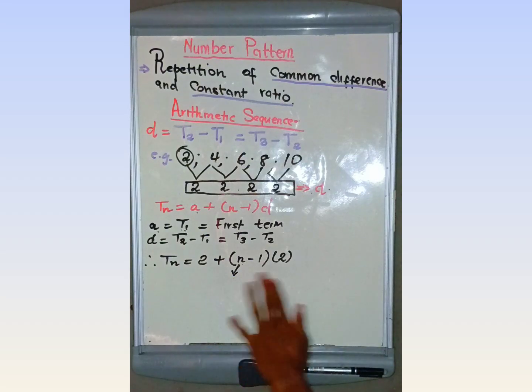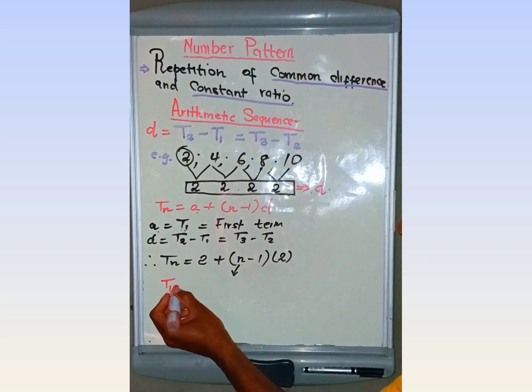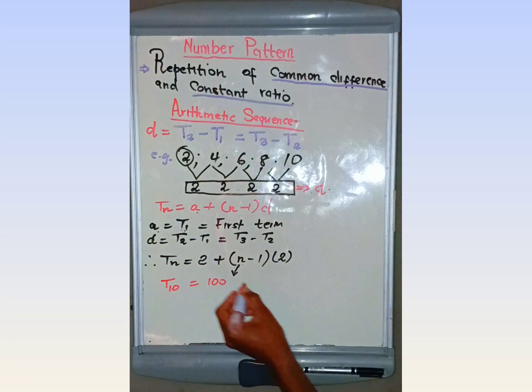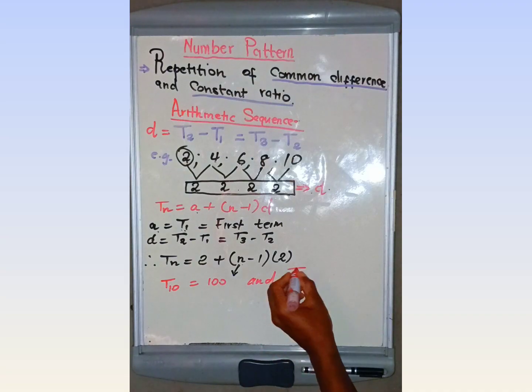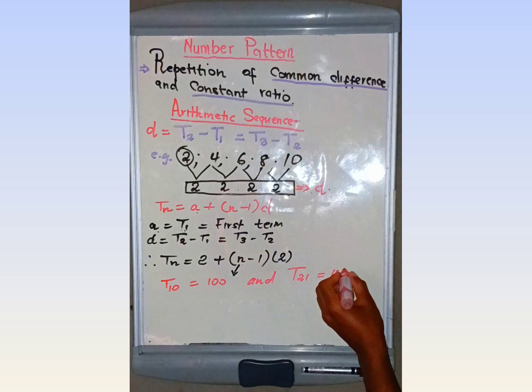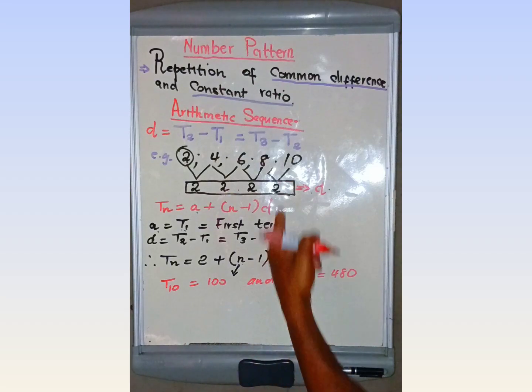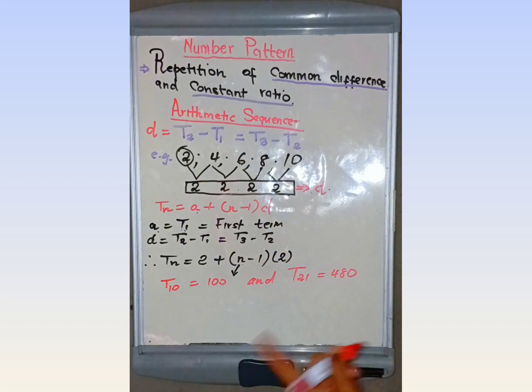Let me do an example, but this example is not going to be accurate, okay? For example, they say we have T10 equals 100, and T21 equals 480. Then they ask you to determine the first term and the common difference of this sequence, if it is an arithmetic sequence.